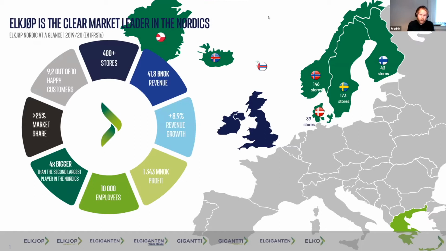So that's pretty big in the Nordics. They have 400 physical retail stores, and obviously there's quite a big presence online as well. A lot of happy customers, like 9.2 out of 10 on happy customer rating. It's actually also 4 times bigger than the second largest player in the Nordics.